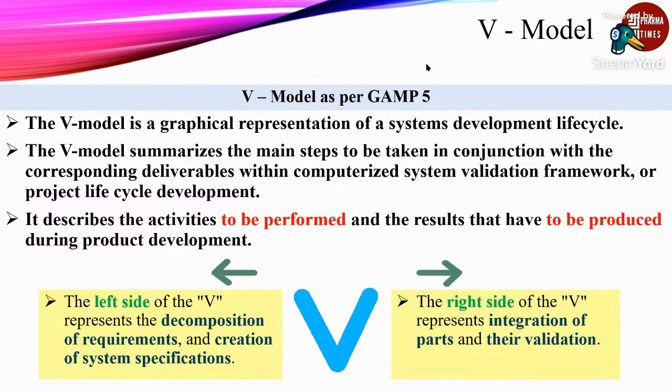Then on that basis, we verify that the left side meets with the right side. Meaning the requirement, the design, and the functionality will meet in our validation phase. So this V model represents how the system is established and how it is verified.